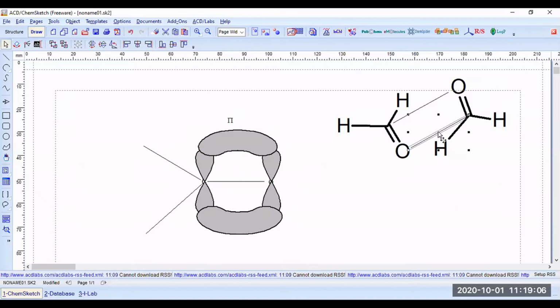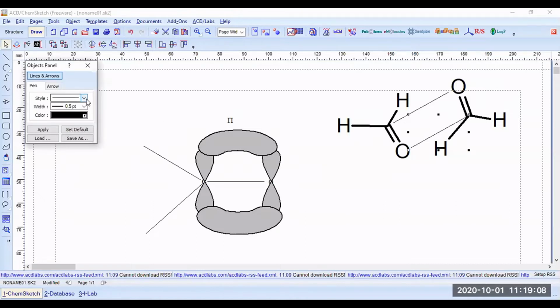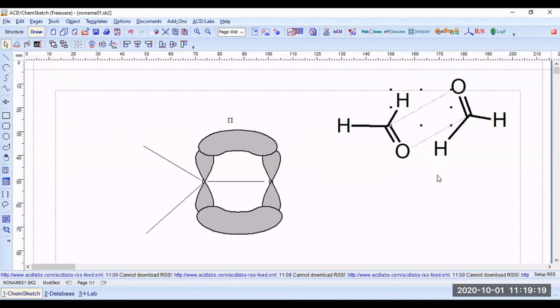This is the special nature of the carbonyl compound, and always this is an electrophilic carbon.